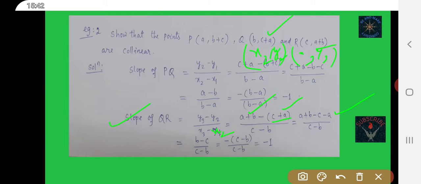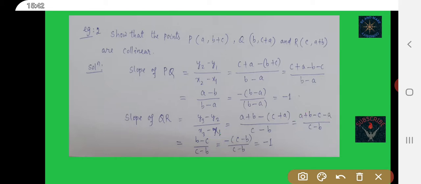Here then x3 minus x2 is c minus b. Then subtract. Then a cancels, then you get b minus c by c minus b.